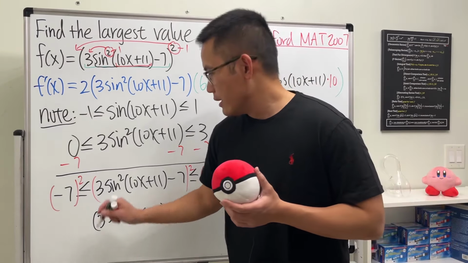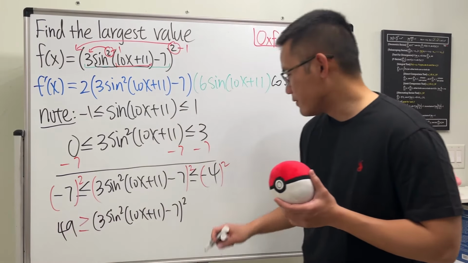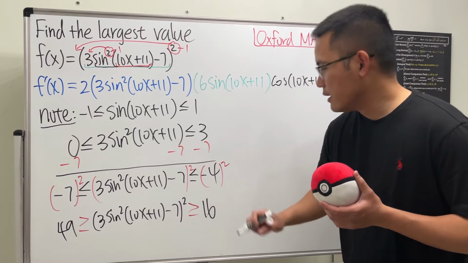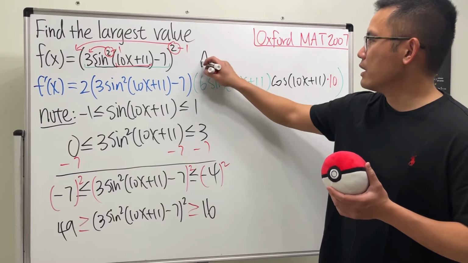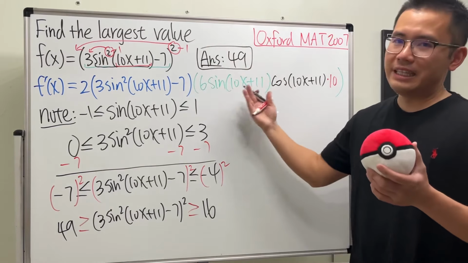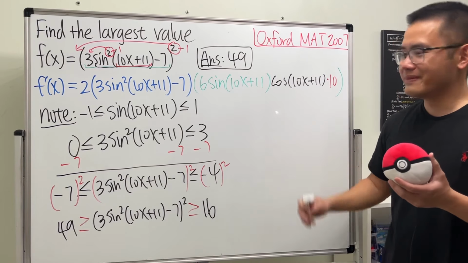This right here, the maximum value is actually 49. And then the minimum value is actually 16. So the answer for this right here is 49. Yeah, no calculus needed. But of course, it's a pretty good derivative exercise right here. So that's it.